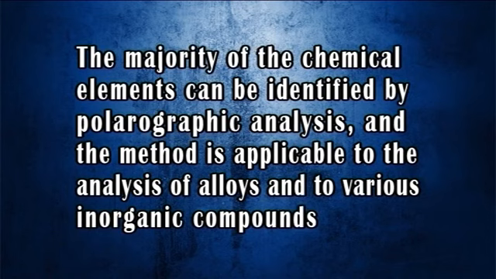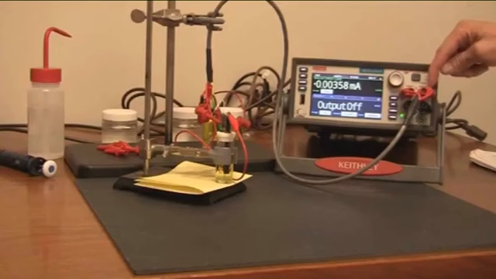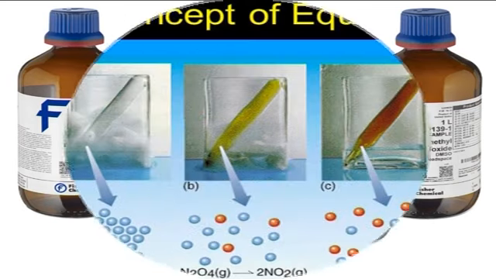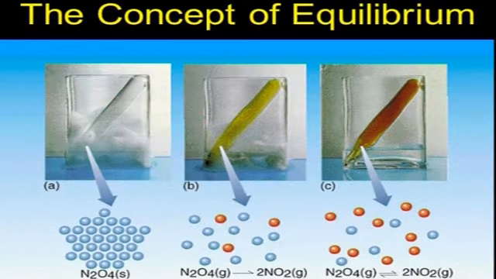The majority of the chemical elements can be identified by polarographic analysis and the method is applicable to the analysis of alloys and to various inorganic compounds. Polarography is also used to identify numerous types of organic compounds and to study chemical equilibrium and rates of reactions in solutions.